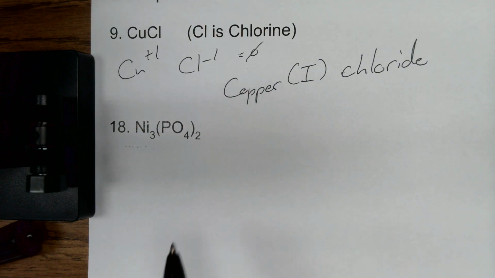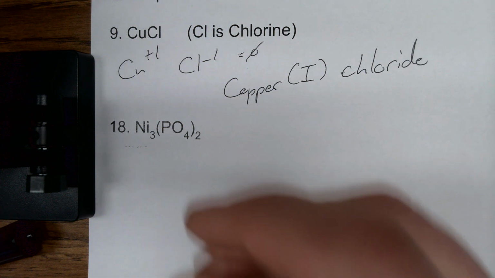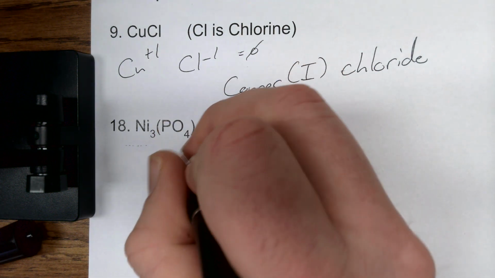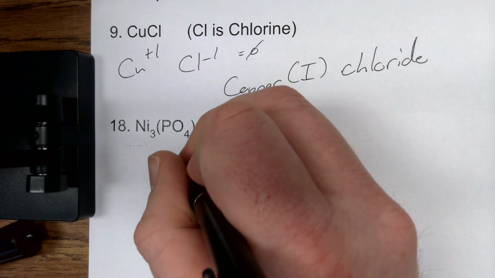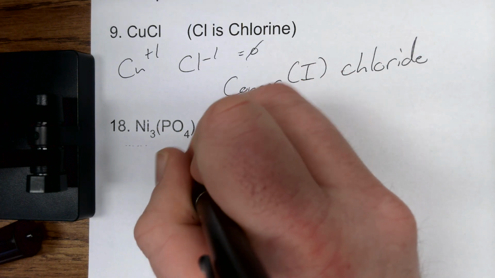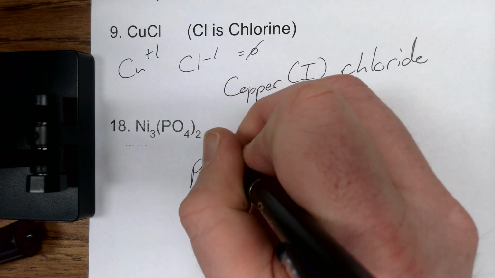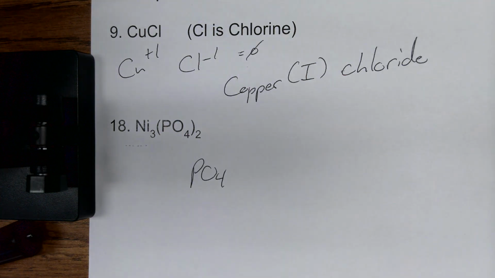Let's see, I got nickel phosphate. So obviously I know my anion is PO4. What's the charge on phosphate? Minus what? -3, right?